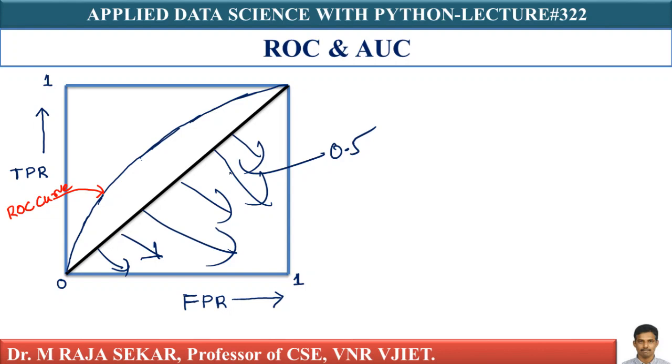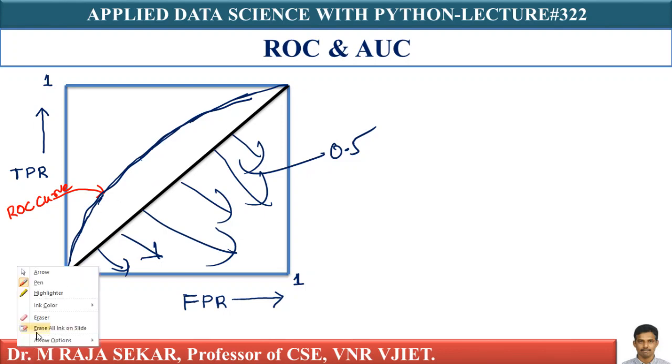Now, the area under the curve, AUC, because my curve is this. This is my ROC curve. The area under the ROC curve is often written as AUC.